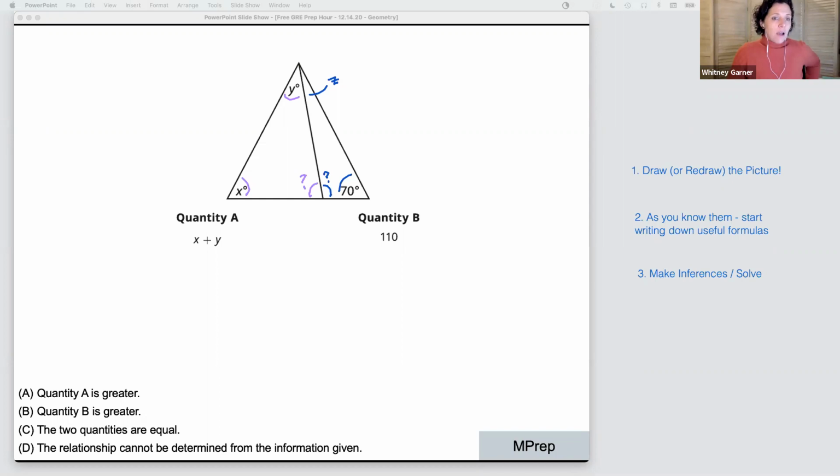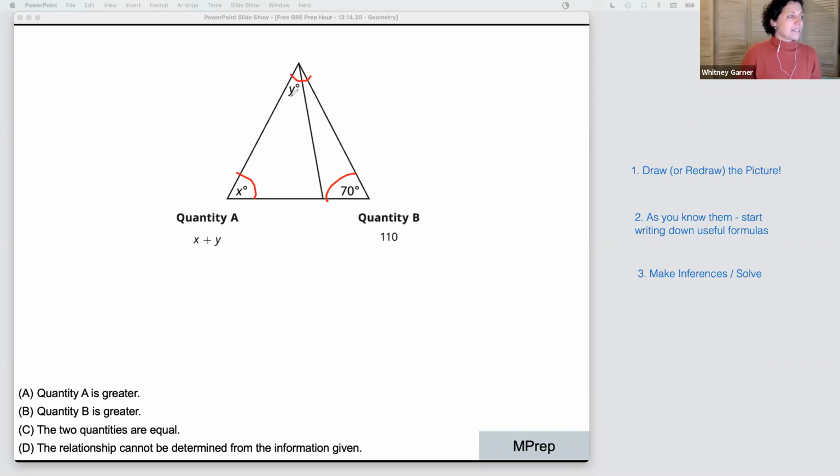So the thing we might be missing on this picture is the fact that the big triangle, this whole piece up here, this piece and this piece together are 180.